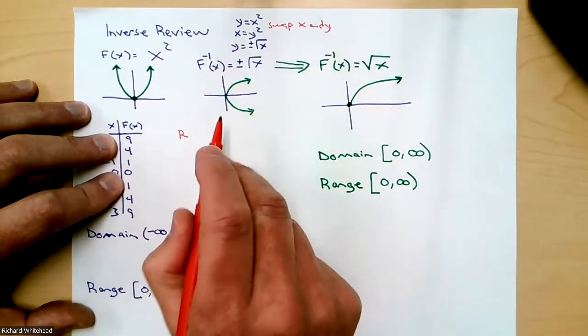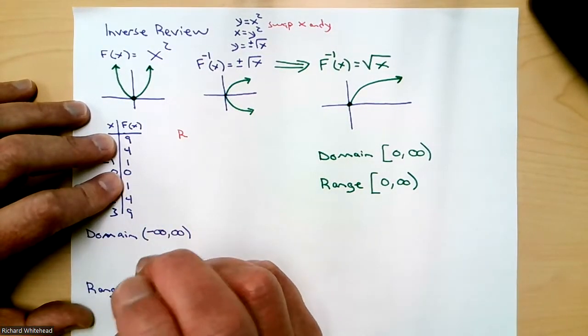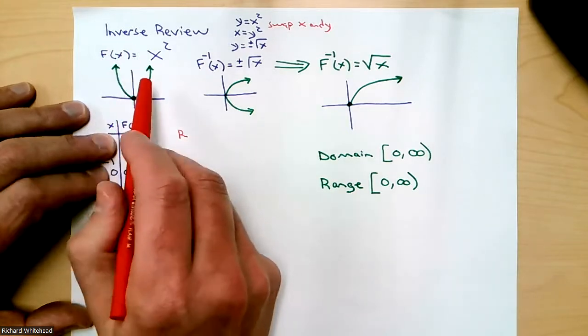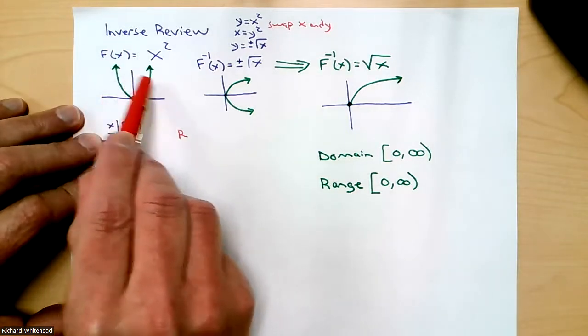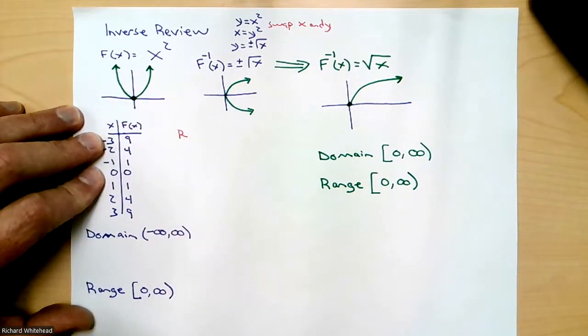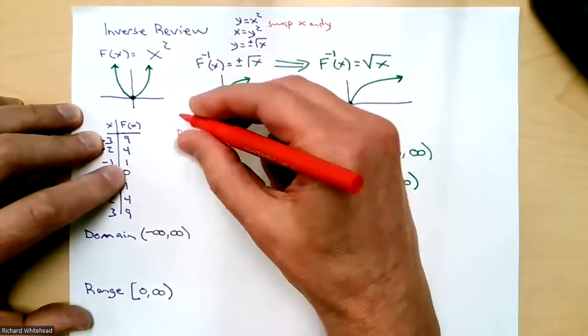So somebody says, oh man, since we're obsessed with everything being functions, here's what we have to do. You go back and look at the original function and say, wait a second, the original function is not 1-to-1. So remember what we did?